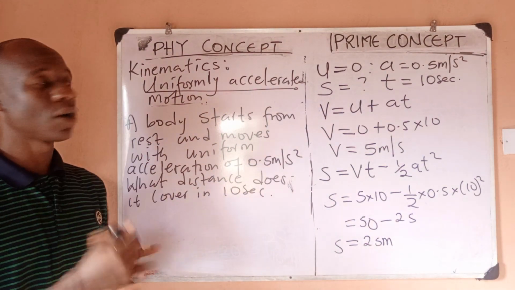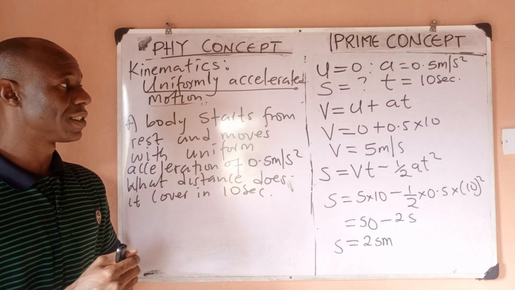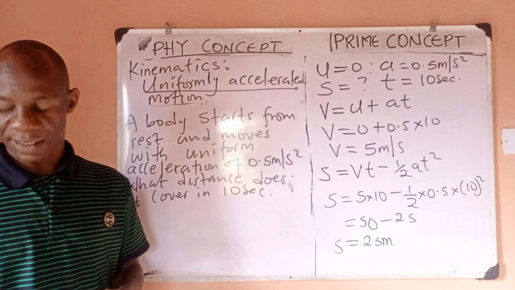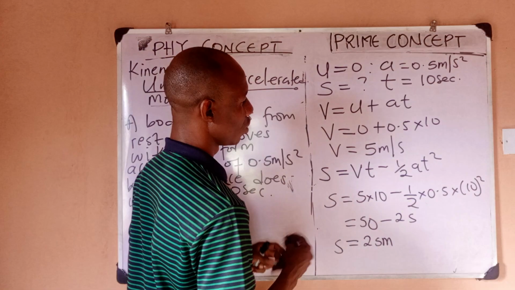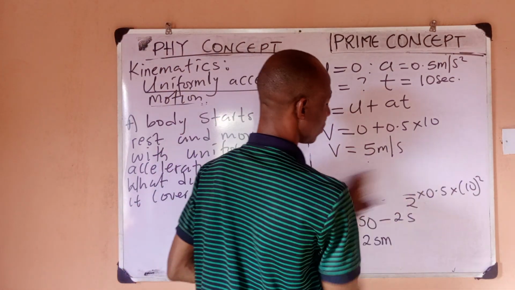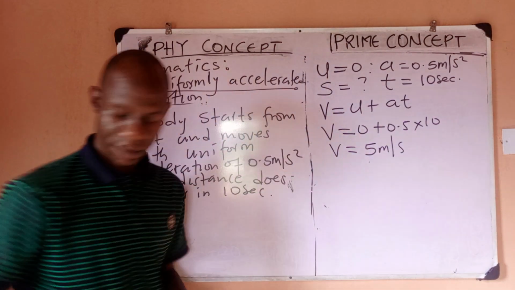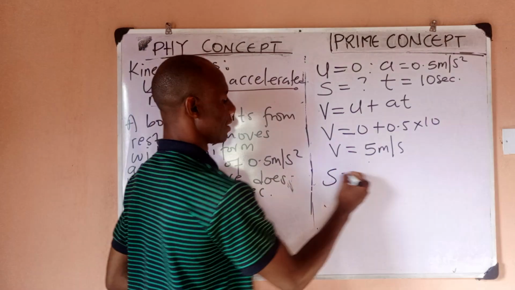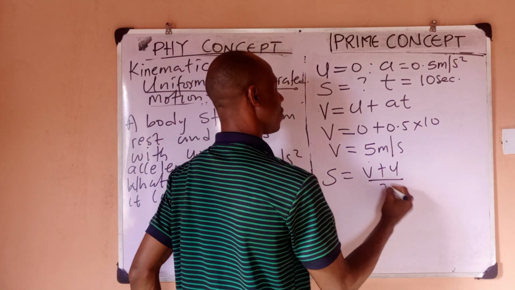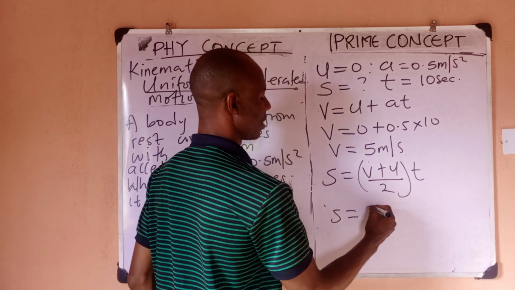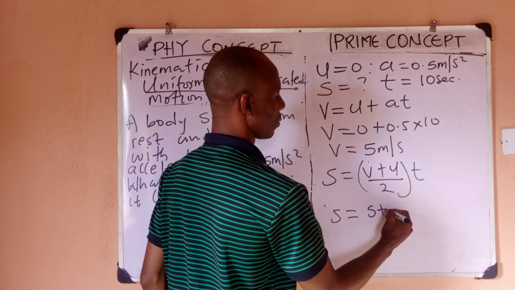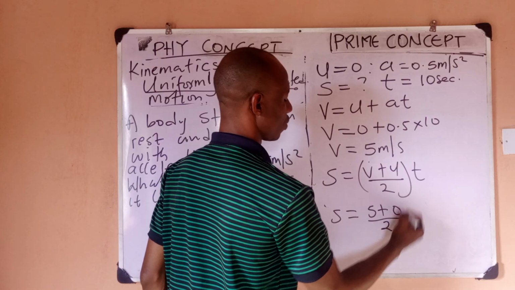So I can even solve this in more ways and we'll still get the same answer. Say you don't also like this, just to still show you, you can still do this. That s again is v plus u over 2 times t, and s becomes v, which is 5, plus u, which is 0, divided by 2.